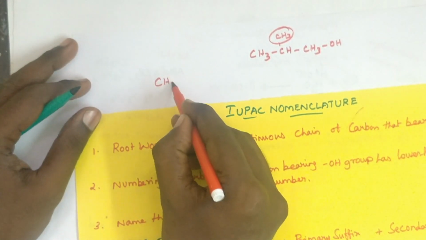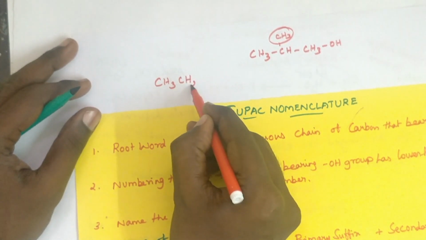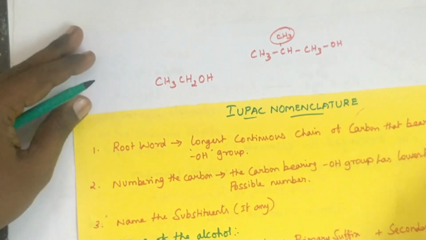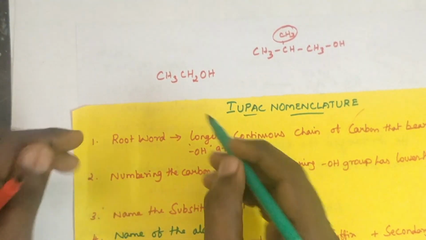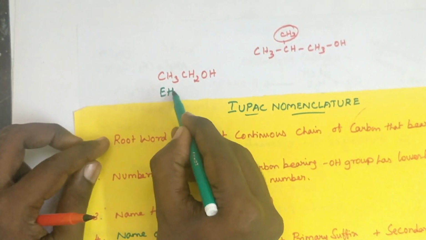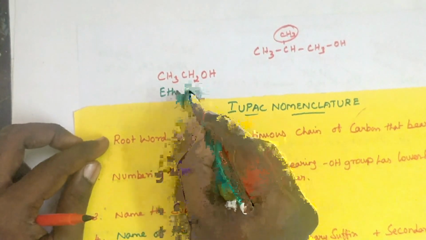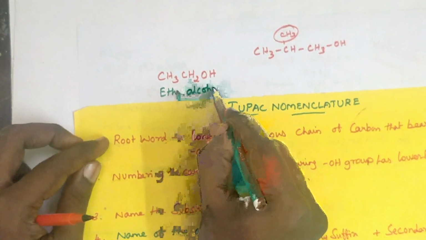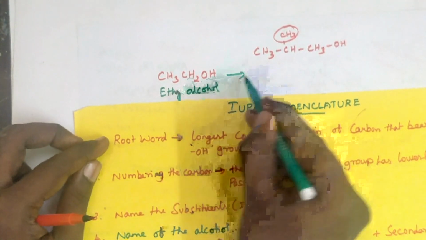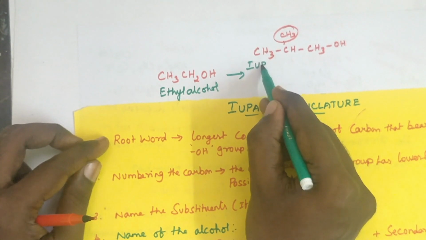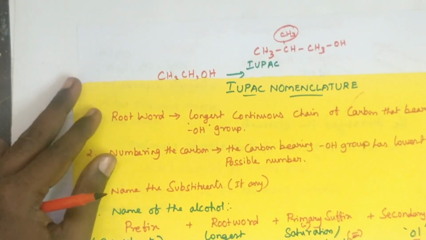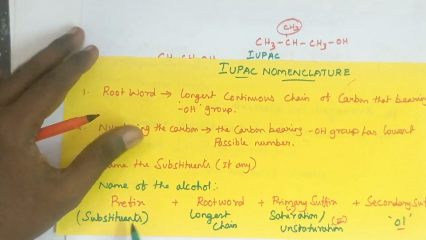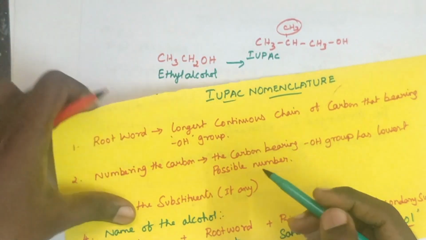Suppose CH3, CH2, OH. So this compound you have to name by IUPAC nomenclature. Common name is ethyl alcohol. This one is the common name. In case of IUPAC, first we have to see the prefix, that means substituent.